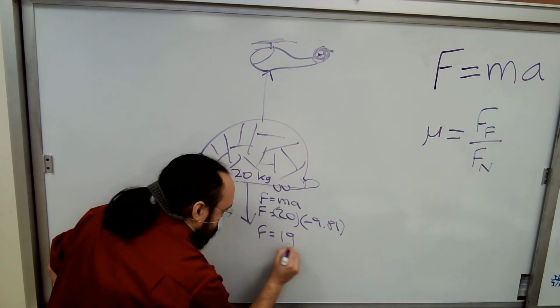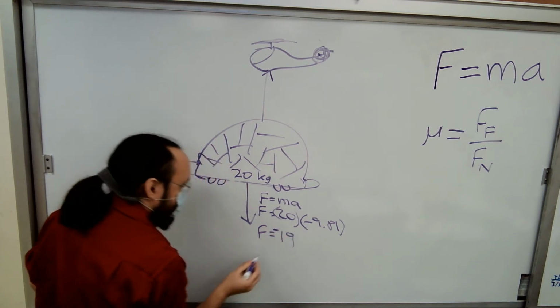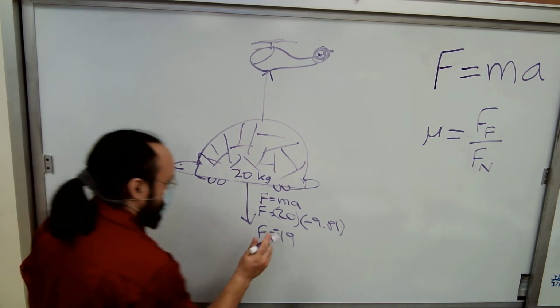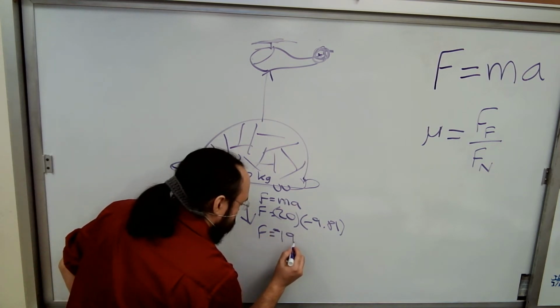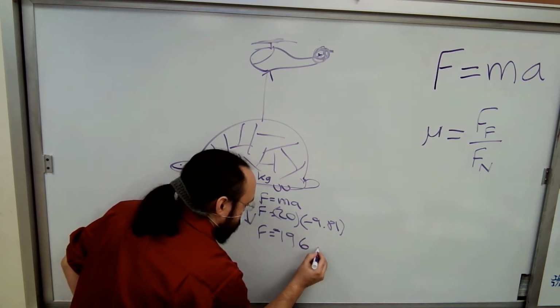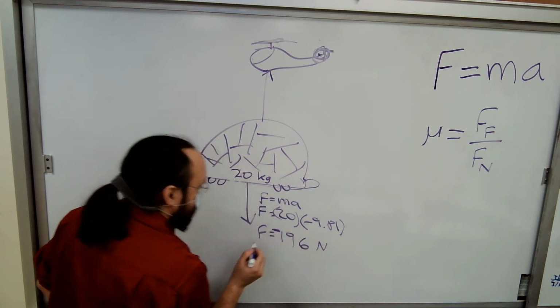It's negative because we use negative 9.81. People are messing up their negatives a lot with this. Be careful. 196.2, or we're just going to say 196 so it's a little easier.